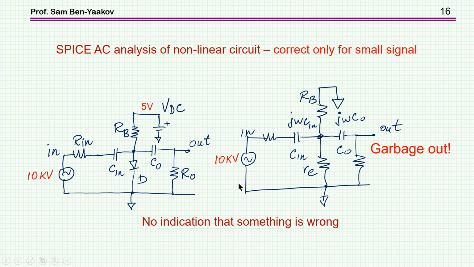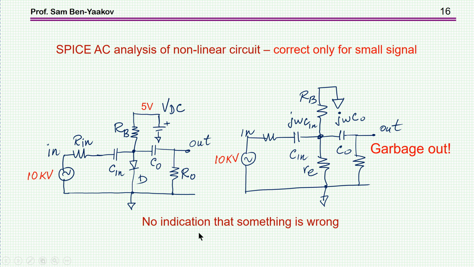The point is that when you carry out a SPICE AC analysis and the circuit is linearized by SPICE, it is your responsibility to make sure that you are feeding signals which are compatible with the idea of a linear circuit, which is a small signal analysis around an operating point.